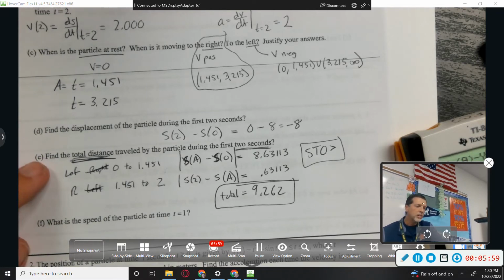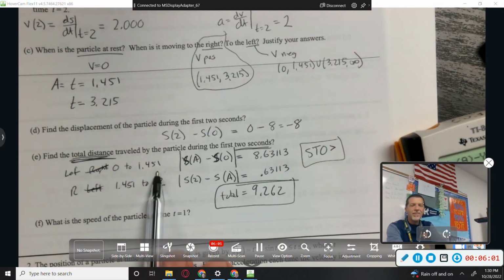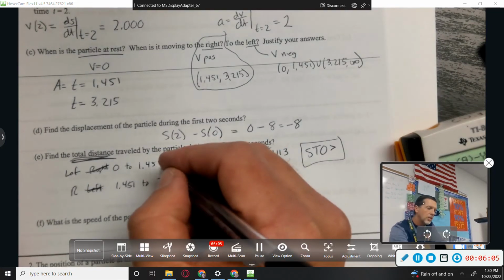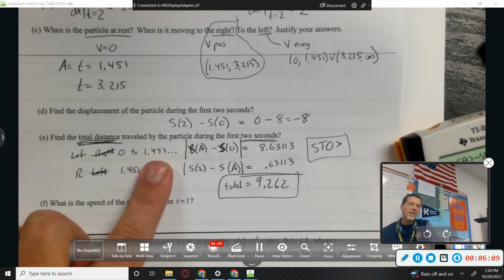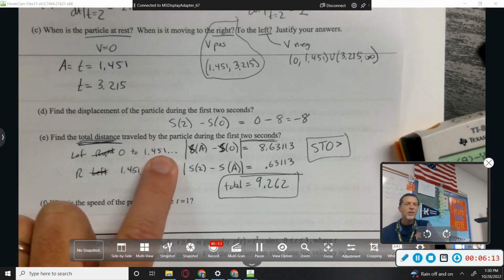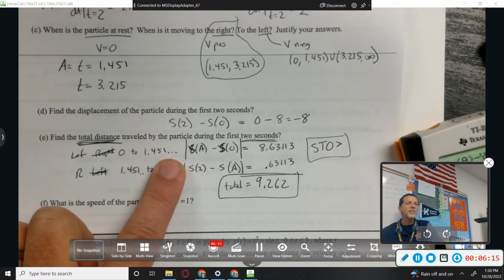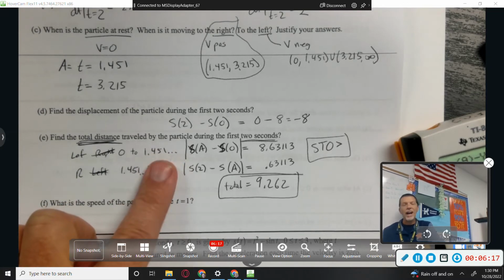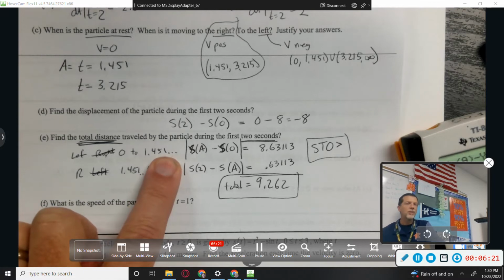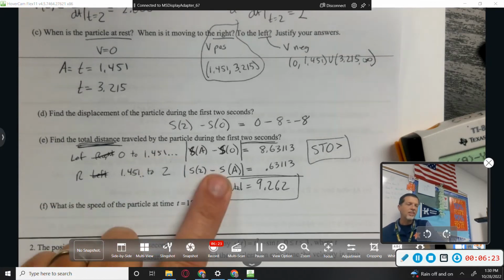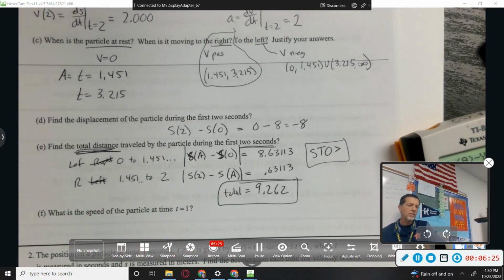And the trouble is, it's not entirely accurate, and you might miss it if you don't carry all those decimals. In fact, if you want to indicate that you're carrying the decimals, but you don't want to write all the decimals, you can put 1.451 and three dots, and that tells the grader that I know there's more, I just don't want to write them all right now. So you can do that. Again, it's just easier to store it as something and be done with it.